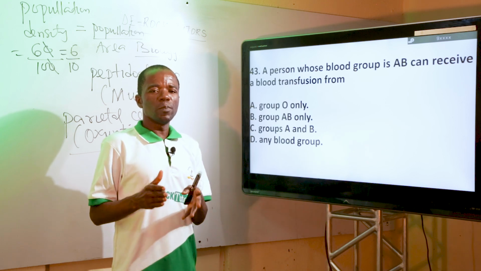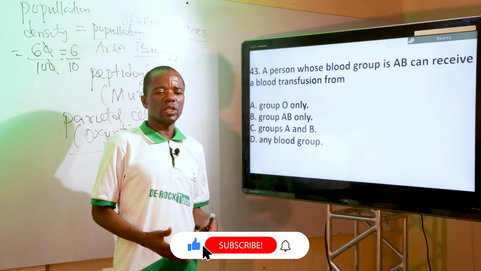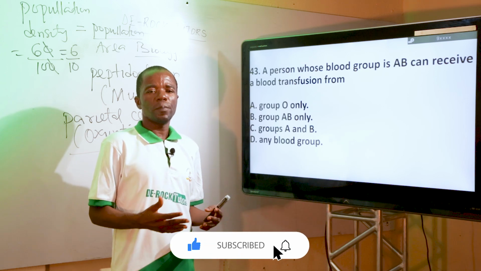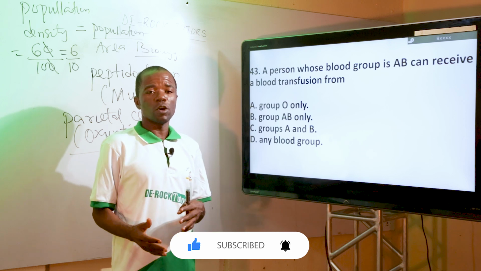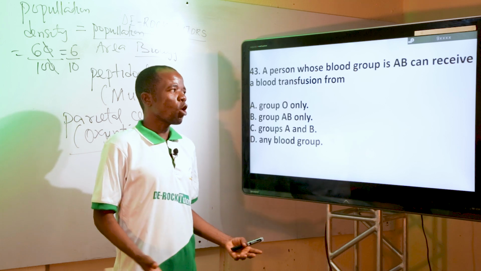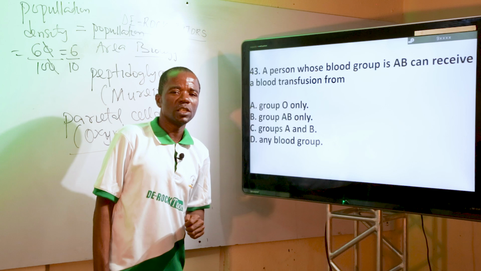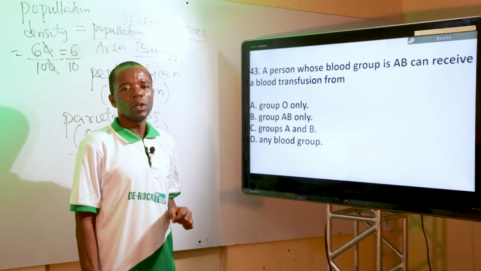Even though blood group AB possesses both antigen A and antigen B, it doesn't have any antibody, and that means that clumping or agglutination that occurs when similar antigens and antibodies mix together will not occur with blood group AB. So the correct answer for this is any blood group.